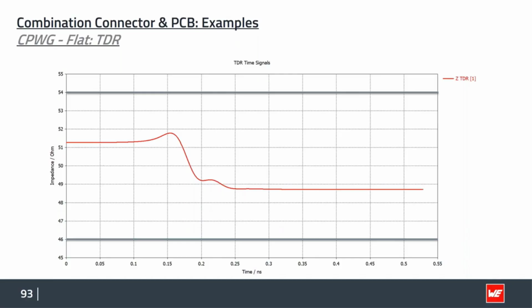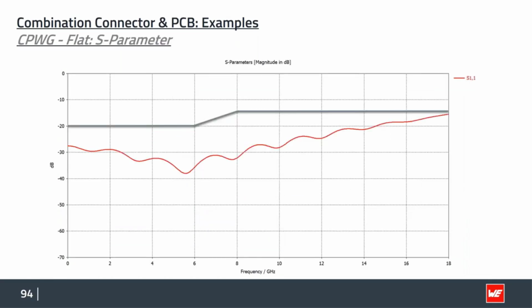There is not a huge mismatch in the connection area. So this looks pretty good. And on the S parameter, how is my matching looking? Yeah, we are everywhere up to 18 gigahertz below the limits we defined for us. So looks good. Pretty well done, nice job. That's the performance we want to see.